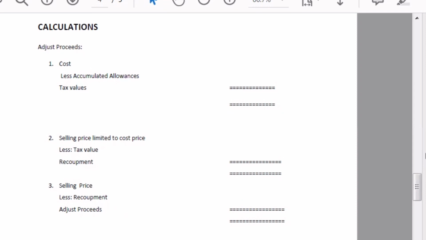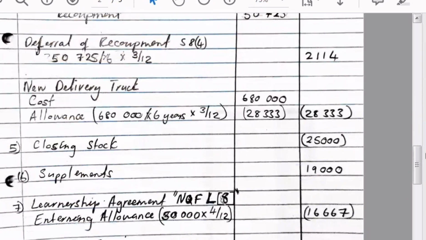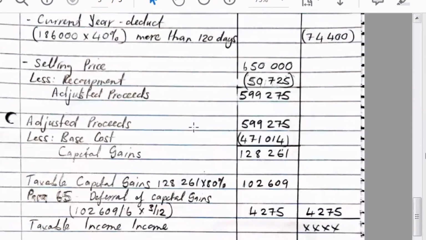Okay, so let's go to the solution. You remember the recoupment, there it is. So you always perform this at the end. That's why I say selling price minus recoupment, I get my adjusted proceeds.